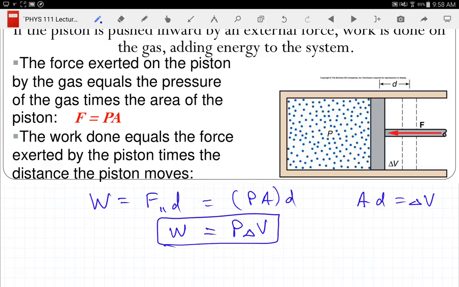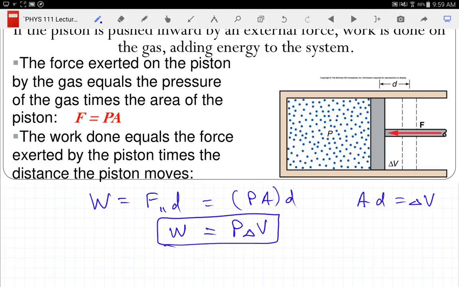Now there is, once again, some sign conventions you have to pay attention to. If the change in volume is, well, in this case here, if I compress it, was that a positive change in volume or a negative change in volume? If the piston is compressed to make it so it's smaller, it's a negative change in volume. And so if I have a negative change in volume, then energy was going in, right?